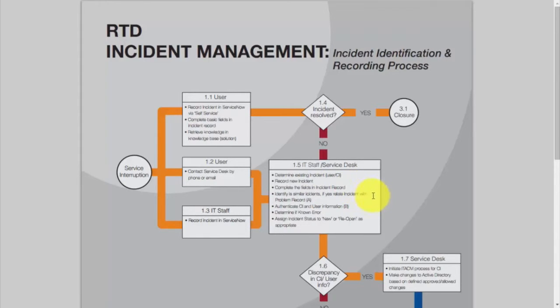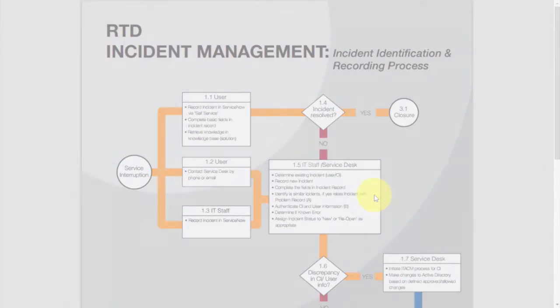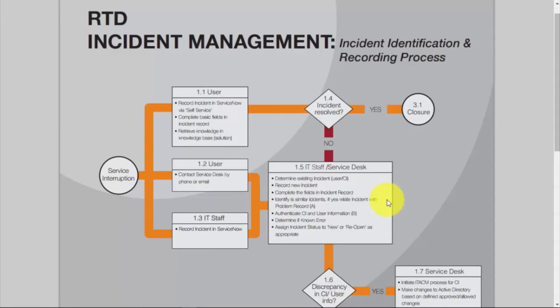A very critical step is to identify similar incidents. If it does identify, then we want to relate the incident with a problem. If it is related to an incident that is resolved, then it can be reopened, and you'll need to input the prior ticket record number as a related incident.